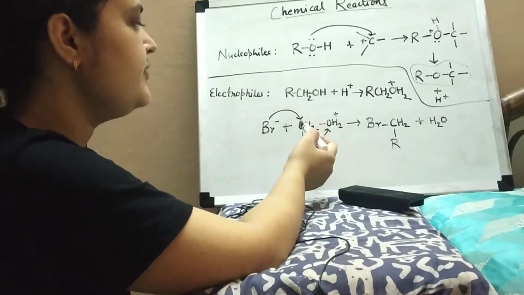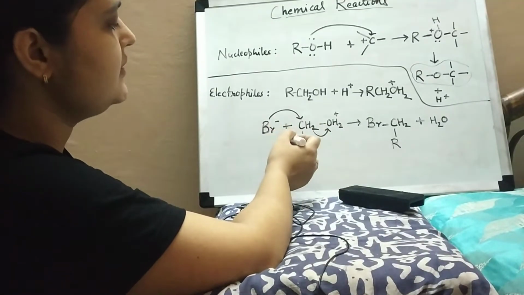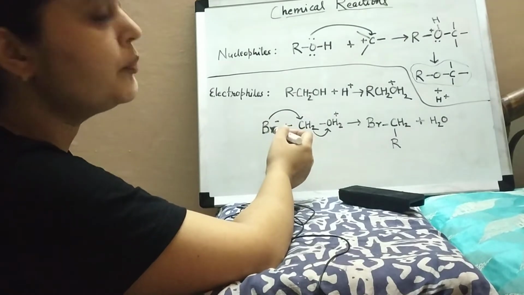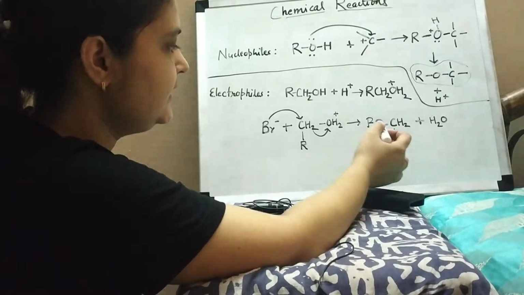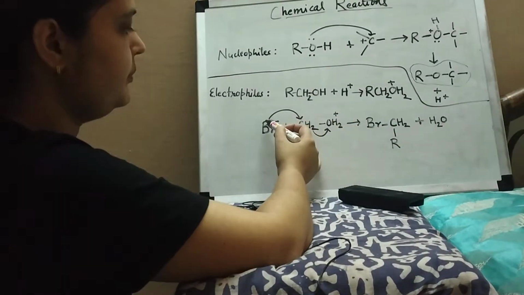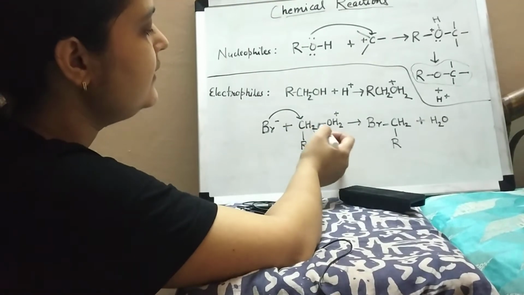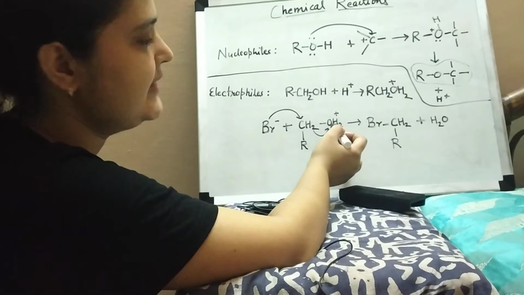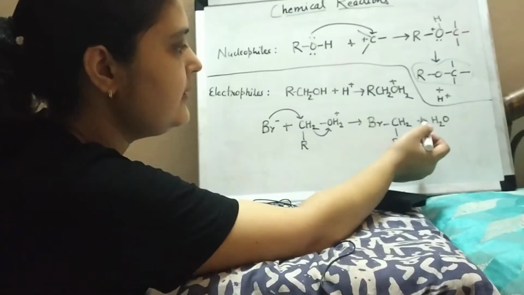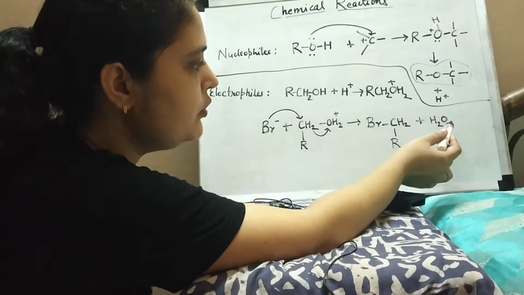Now this will accept electrons from an electron-rich species, that is Br negative, or bromide, and this structure will form. The Br negative will attack this carbon atom, and the OH2 positive will leave by accepting electrons, forming a water molecule.